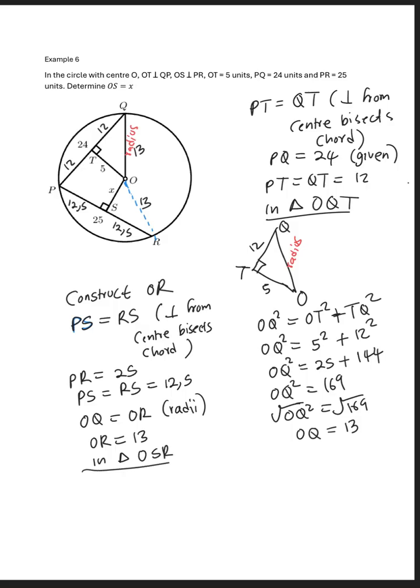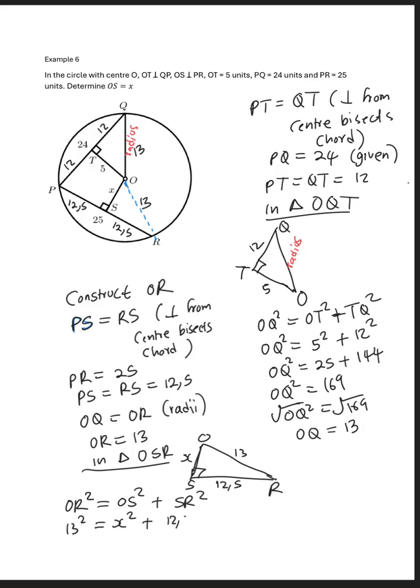OSR, and then the triangle OSR, I'll just draw it here, and this is our right angle triangle. We have X, we have O, we have S, we have R, and then we have 13, we have 12.5. Then the hypotenuse is 13, so we're gonna have OR squared is equals to OS squared plus SR squared. OR is 13 squared, OS is X squared, SR is 12.5 squared.